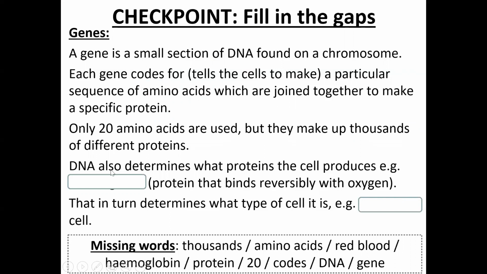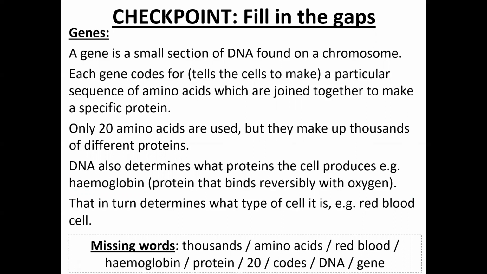So DNA also determines which proteins a cell produces. For example, hemoglobin is a protein that binds reversibly with oxygen. It's what carries oxygen around the body. And that in turn determines what type of cell it is. For example, we know that hemoglobin is produced inside a red blood cell.